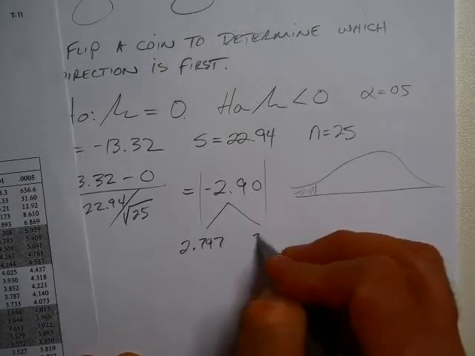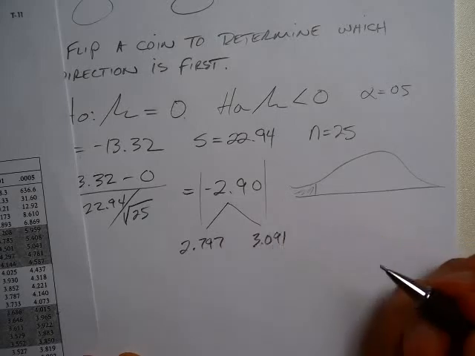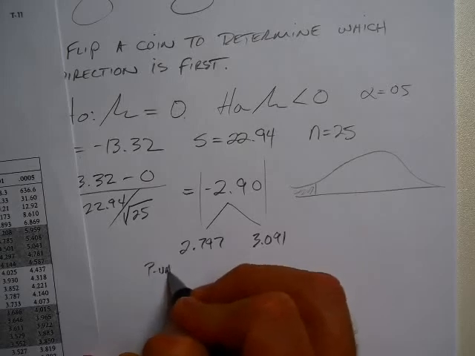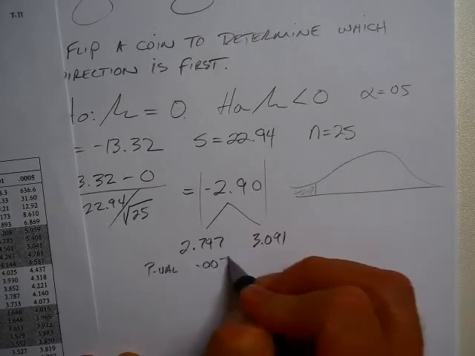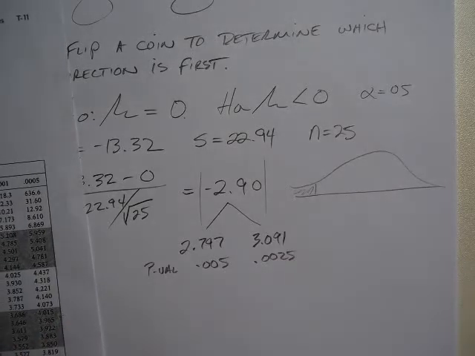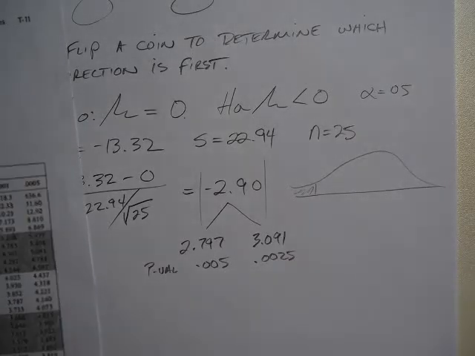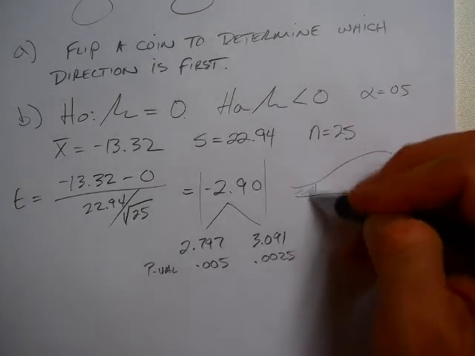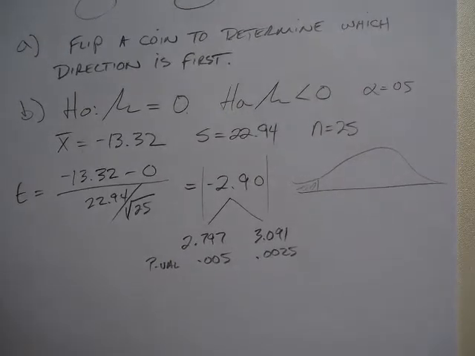So between p-values of 0.005 and 0.0025. So 0.5% and 1/4% there. So we're way down there. It's somewhere between 0.5 and 1/4%.